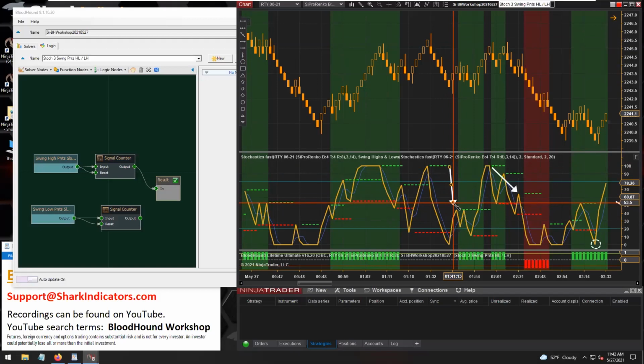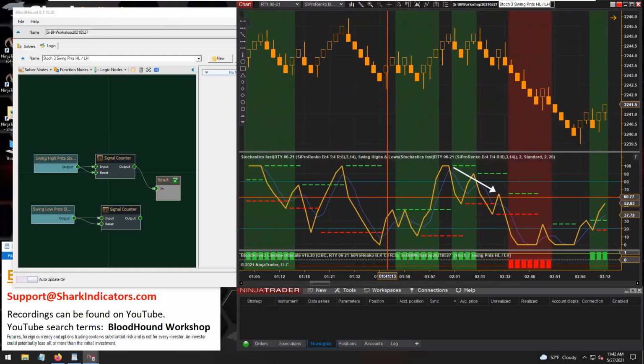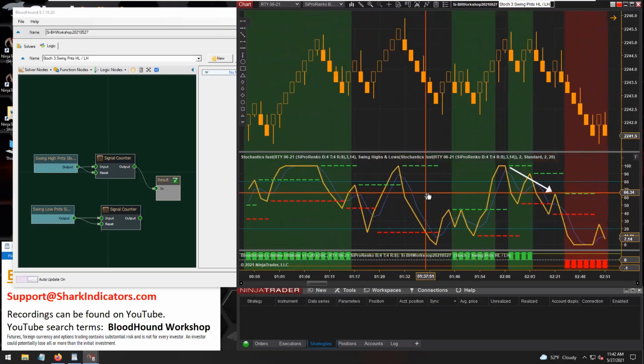There's a couple of bars missing from this swing high to that swing high plot line. There's a few bars in between here. Let's see, how many bars? 1, 2. Yeah, we have 2 bars missing where there's no plot line. And so that creates a problem.